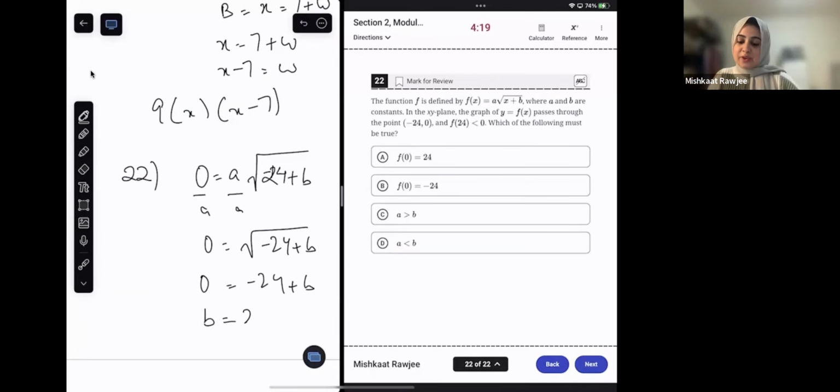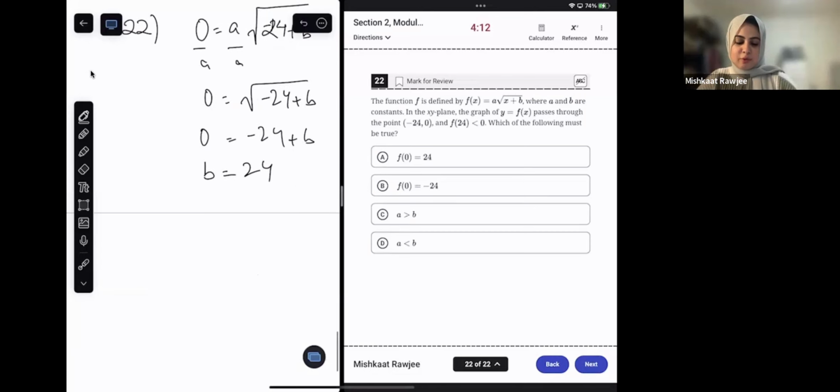We still have to find a though, because it's saying that f of 24 is less than 0. So when x is 24, we know that b is 24. So f of x is a times the square root of 24 plus 24. That's 48.